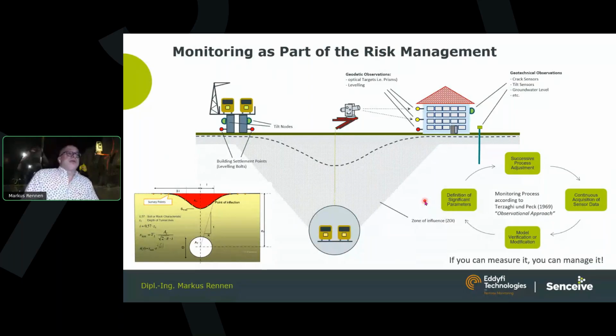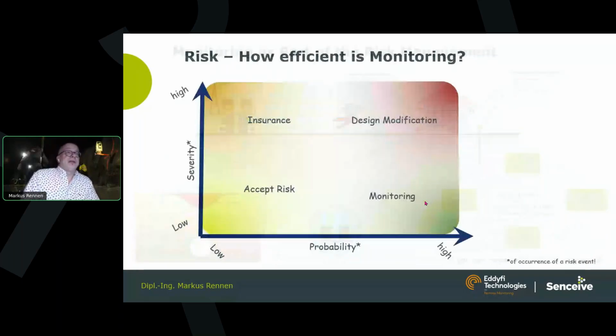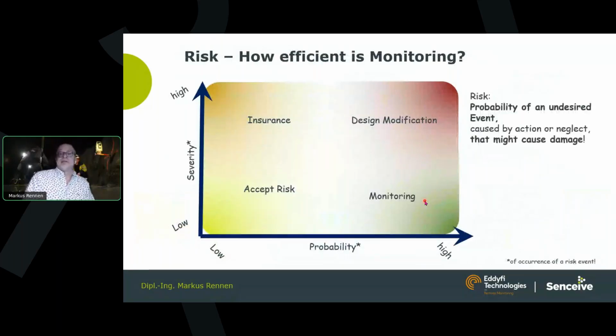Monitoring is done in order to mitigate risk, and risk is defined as an undesired event that is caused by the measure taken. And of course, there is an economic aspect to it.